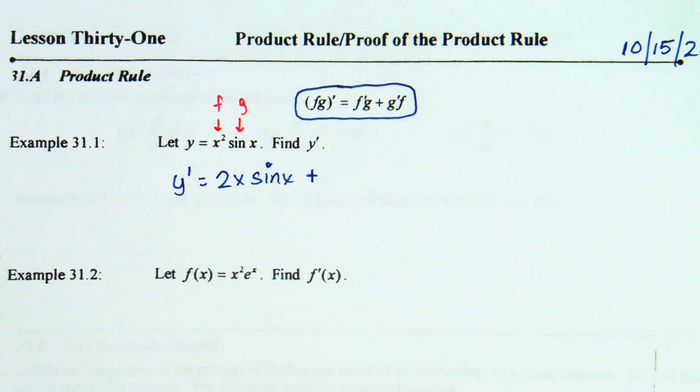If I go with the notation up here, it says really derivative of sine x is cosine x, then times the x squared. It doesn't matter though, right? Honestly, when I clean this up, I am more likely to write this as 2x sine x plus x squared cosine x. That's what I'm likely to write that as.